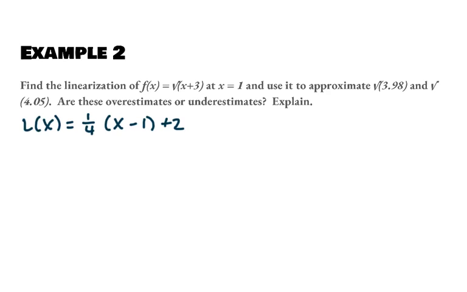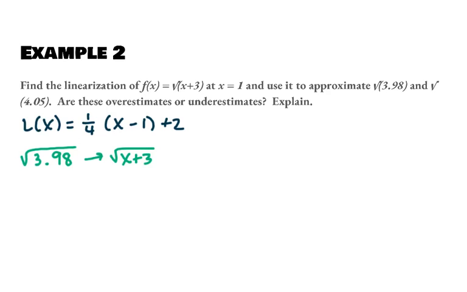So actually the part that I think can sometimes be the most difficult with linearization is figuring out, when they give me an x value, how it is connected to what we're plugging in and the function. So for instance, if we're trying to estimate the square root of 3.98, we're using the function square root of x plus 3.